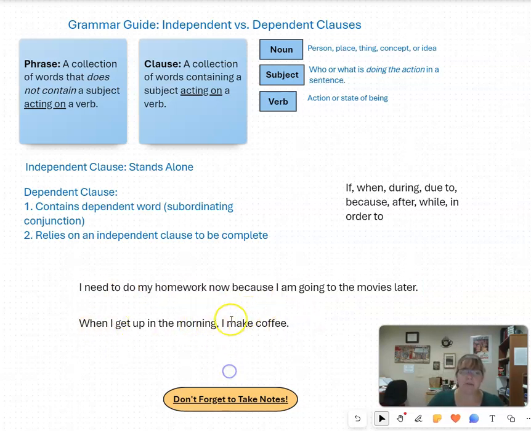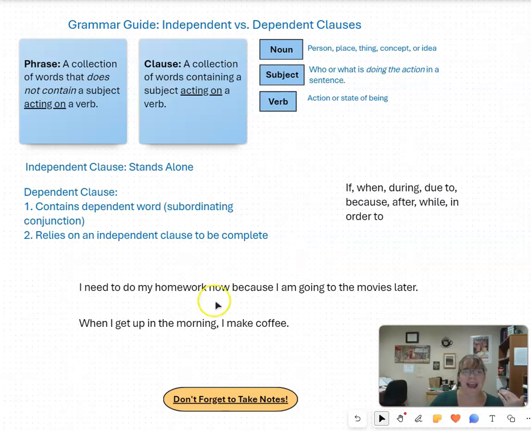The independent comes after it. It doesn't matter which order they appear in the sentence. What matters is when you have a dependent word or a dependent phrase like due to or in order to or things like that, we have the independent clause coming to finish the sentence.